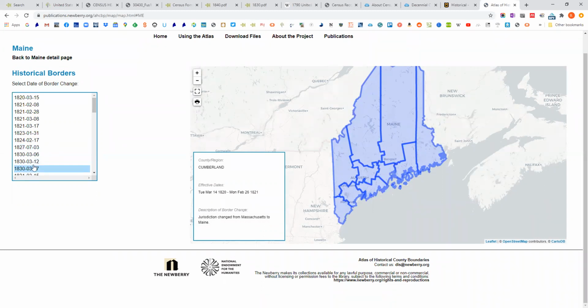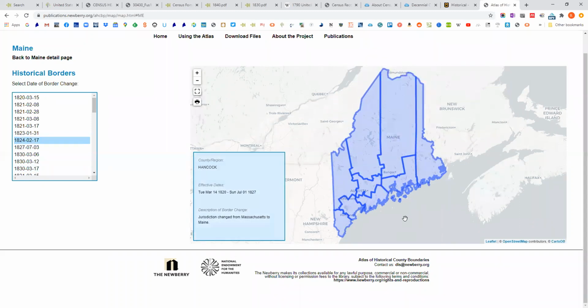And so you can go in here and say, in 1826, what were the boundaries? And so you go back to the one before that, which is 1824, and there are the boundaries.